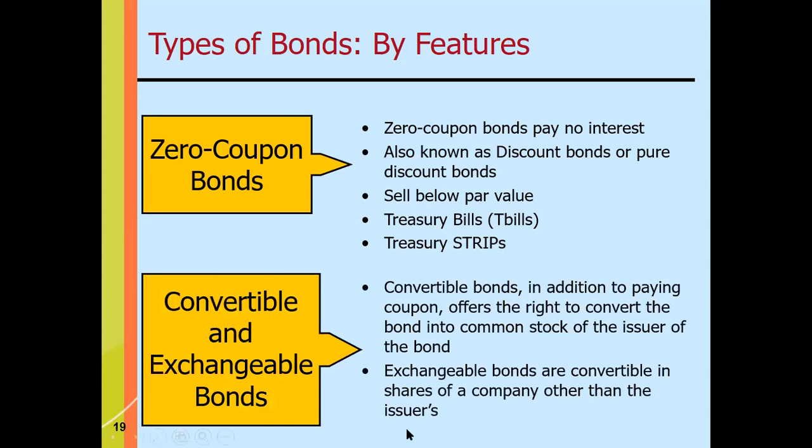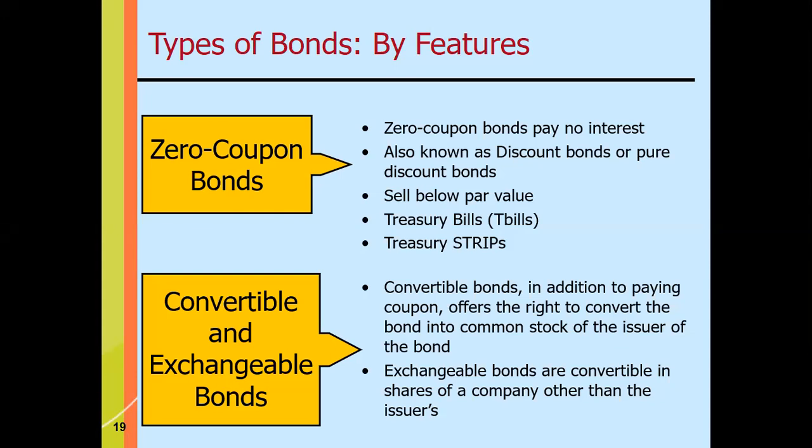Next would be convertible and exchangeable bonds. Convertible bonds can be converted into shares, or common stocks. Exchangeable bonds are convertible into shares of a company other than the issuer. So remember, for a convertible bond, the issuing company is the one that wants financing.